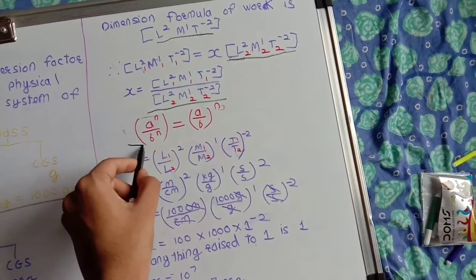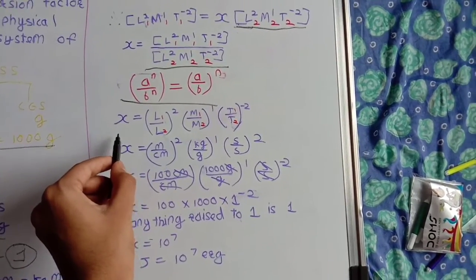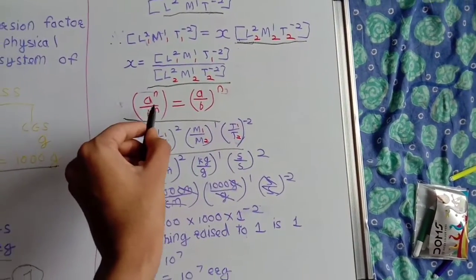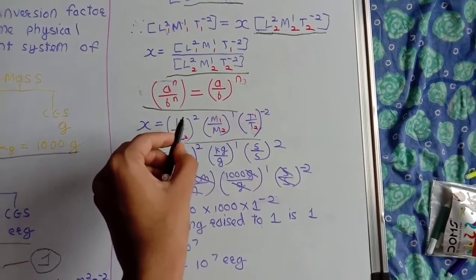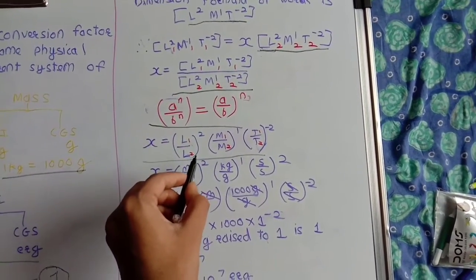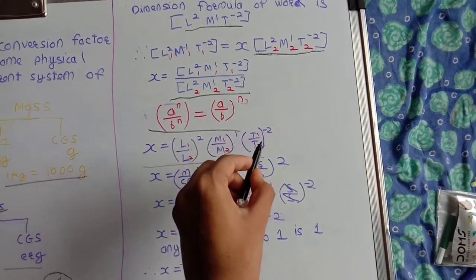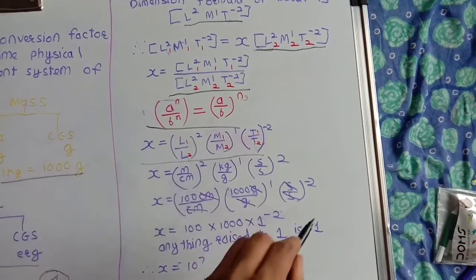Then by using this identity we will get L1 upon L2 raised to 2, M1 upon M2 raised to 1, T1 upon T2 raised to minus 2.